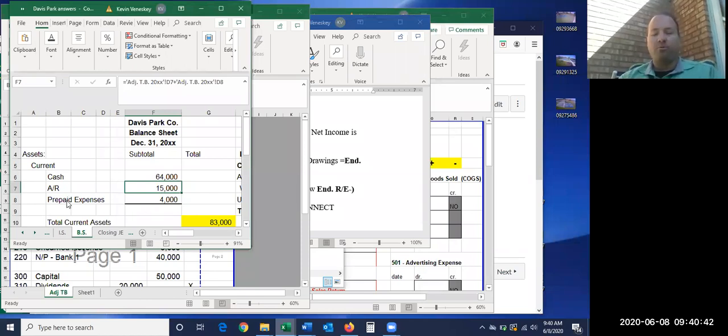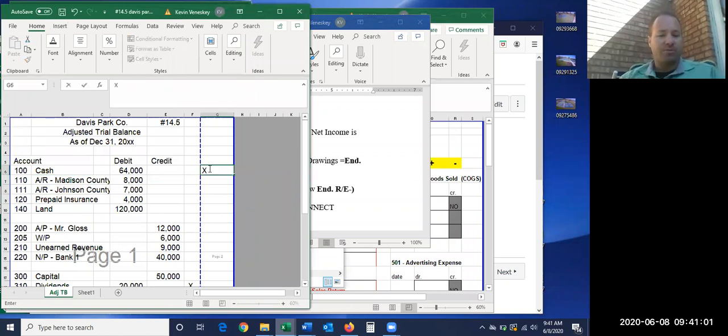And then if I had more prepaid expenses than just the one, I'm going to combine all of those as well. And then we're going to add up, and we're going to put X's out here now. We've done our cash. We've added up the two account receivables. And we've done the prepaid insurance.